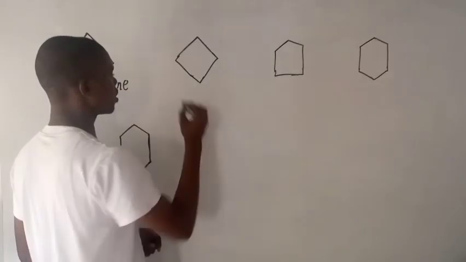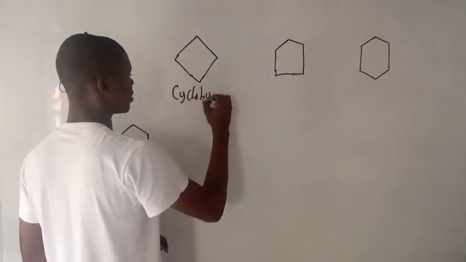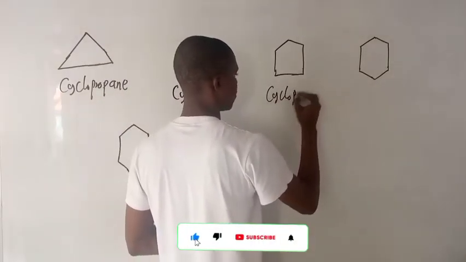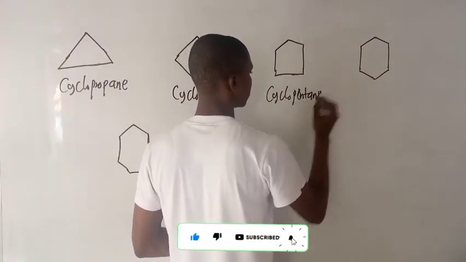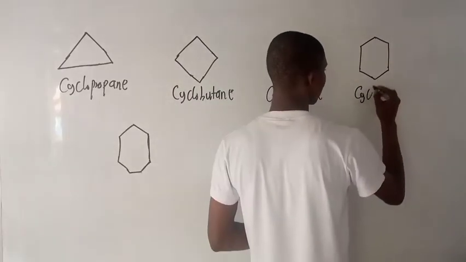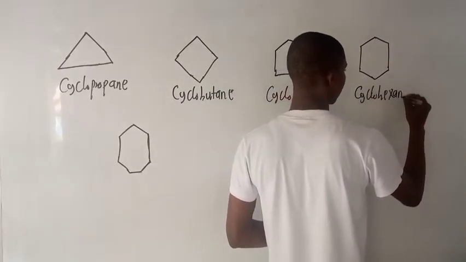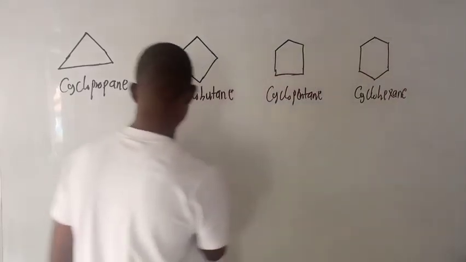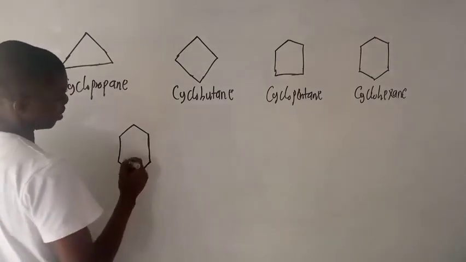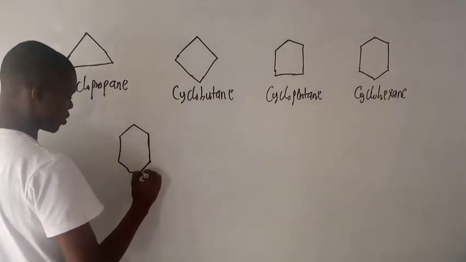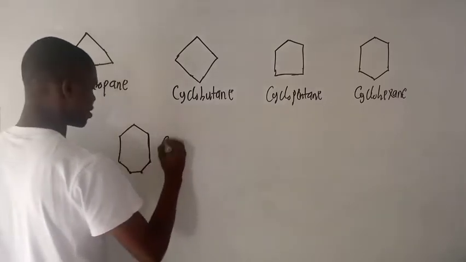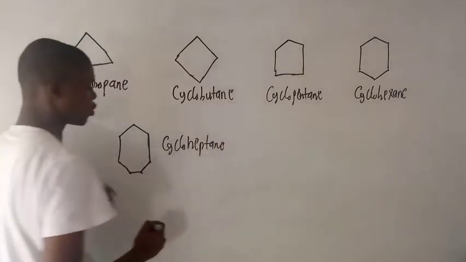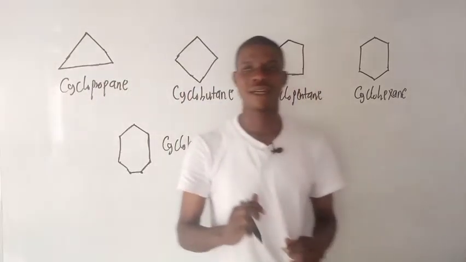So this is cyclobutane. Here we have cyclopentane. Here we have cyclohexane, because here we have 1, 2, 3, 4, 5, 6. Then this is going to be cycloheptane, because we have 1, 2, 3, 4, 5, 6, 7. This is one thing you want to know, and this is what we'll be using throughout this video.